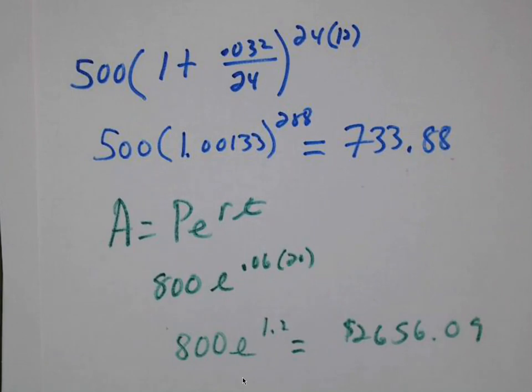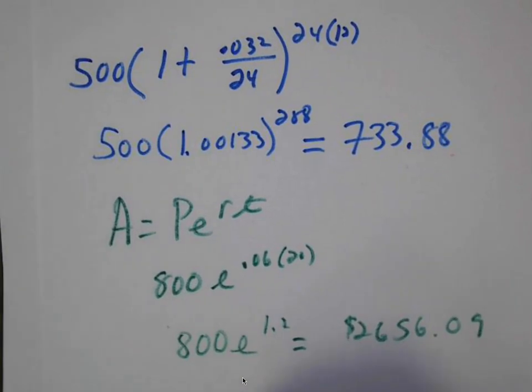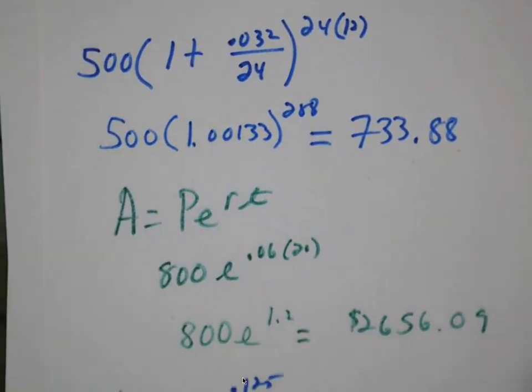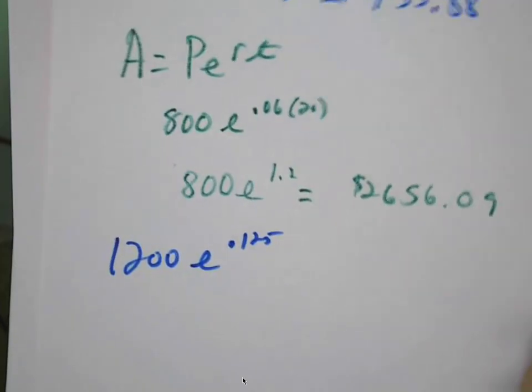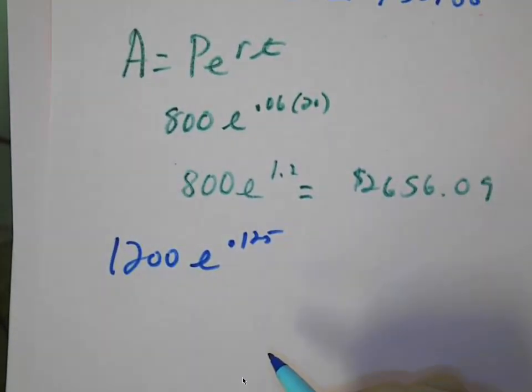Let's look at number 7. It says find the balance of an account after 5 years if $1,200 is initially invested at a rate of 12.5% per year compounded continuously. With that one, you're going to put in 1,200 for your principal, and then e to the 0.125 times the time.